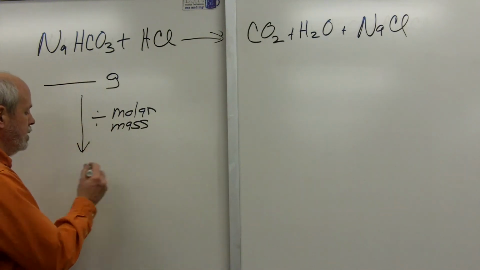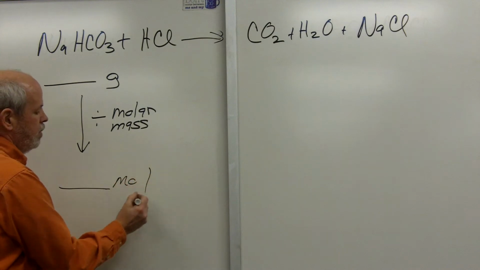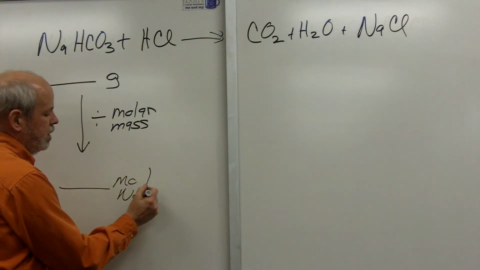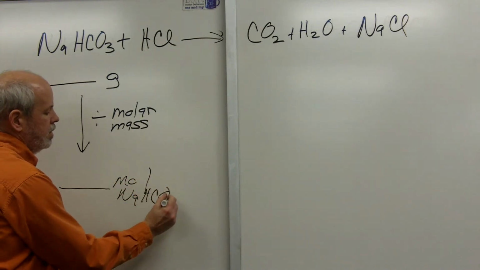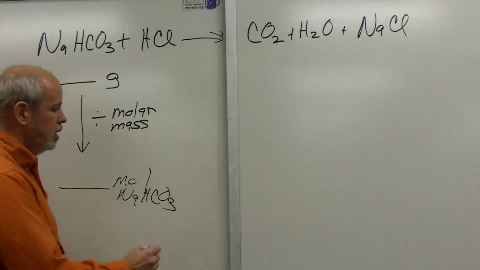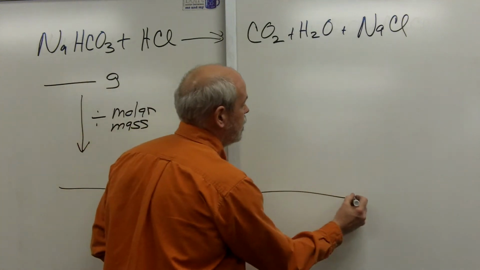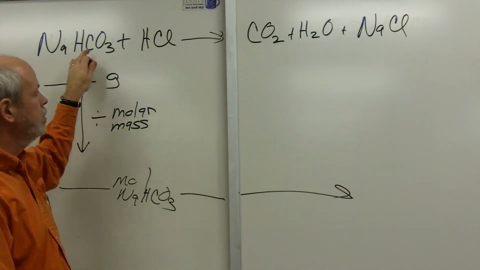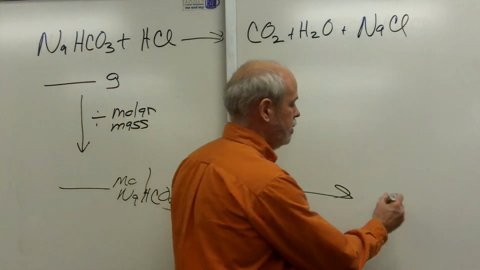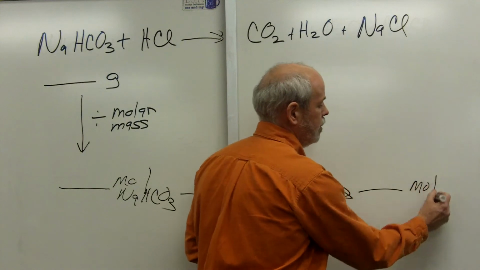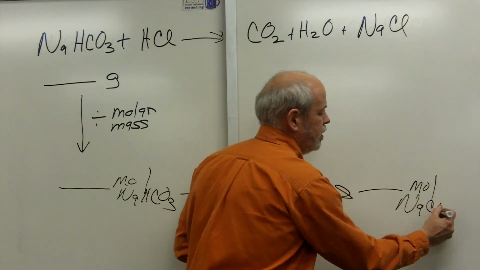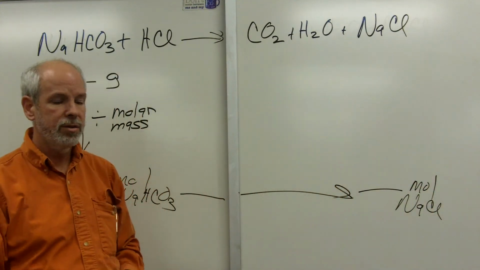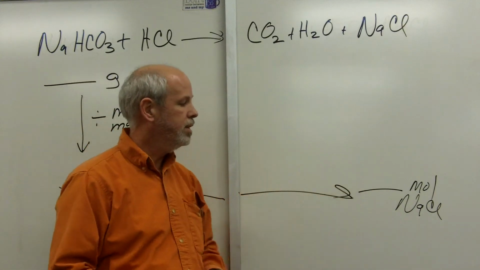Divide by the molar mass and you will get moles of sodium bicarbonate. Since there's a 1-to-1 relationship between moles of this and moles of that, you know that you'll get the same number of moles of NaCl. So you've predicted the number of moles of NaCl.